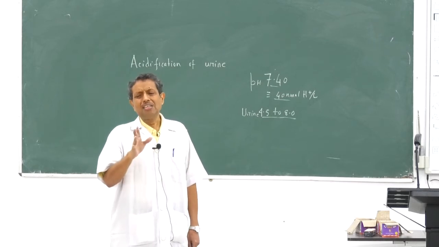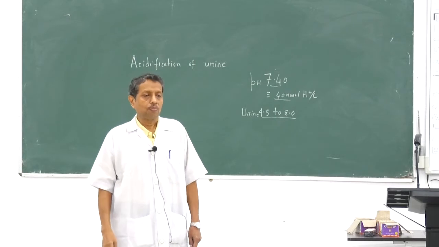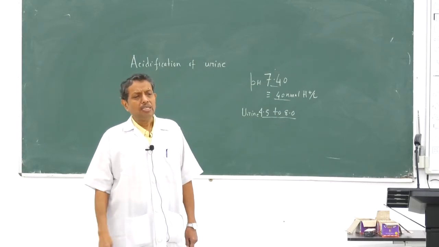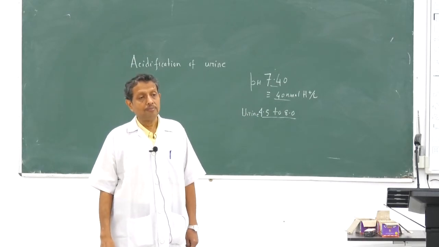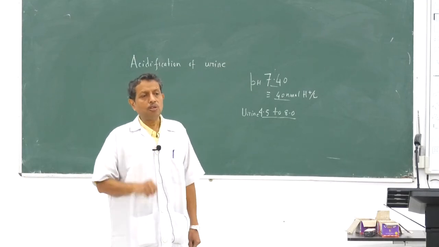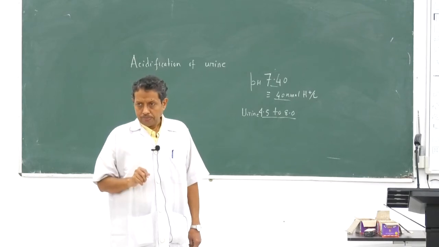The total depends upon the diet and the process of metabolism. In a young adult healthy individual, there is around 50 to 60 millimole, and it must be eliminated to keep the body in hydrogen ion balance.